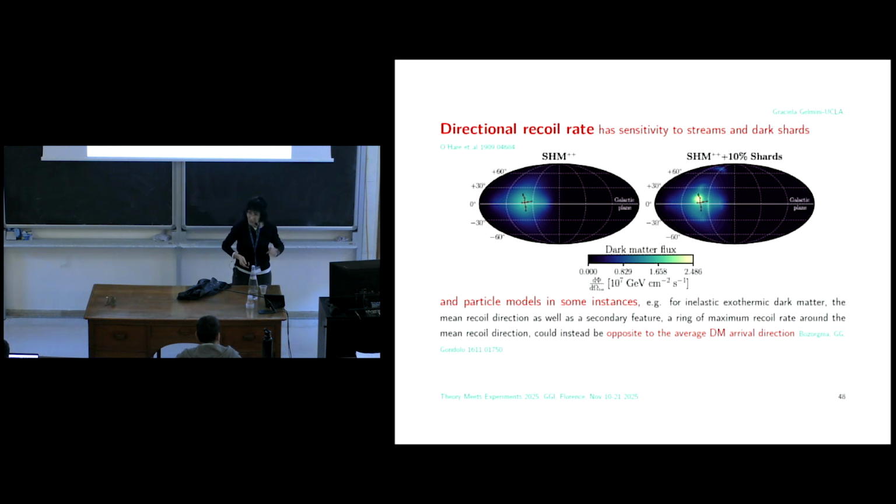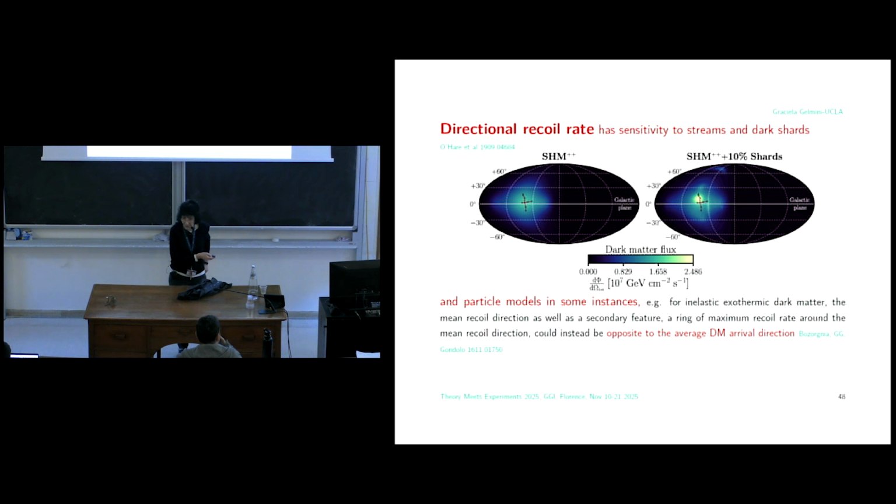But if you have weird kinematics, actually the recoils would be in the opposite direction. And that would be a surprise, actually. Instead of coming from this direction in the sky, you will see most of the recoils pointing in the other direction. And that would mean, actually, inelastic exothermic dark matter is at play.